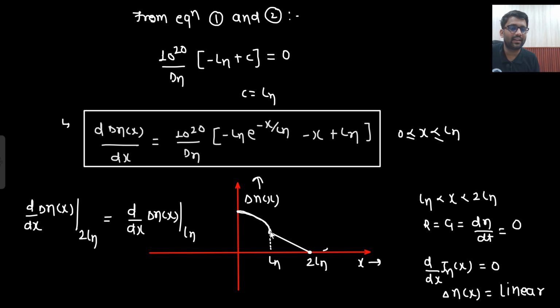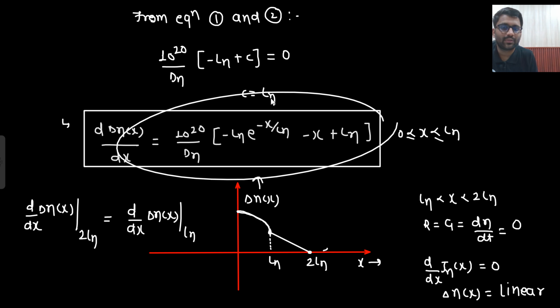If the graph was breaking at ln, then I could not comment that the slope you get at 2 ln is the same as at ln. But it will not break because the delta nx value cannot go to infinity. This is continuous. So whatever slope you get at ln, that same slope you will get at 2 ln. And the value of slope at ln you can get from this particular expression.